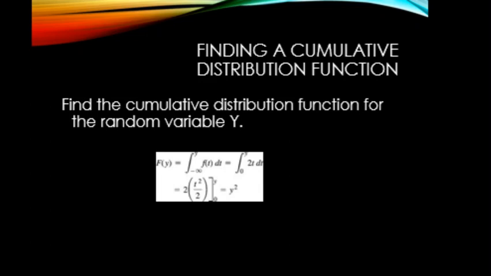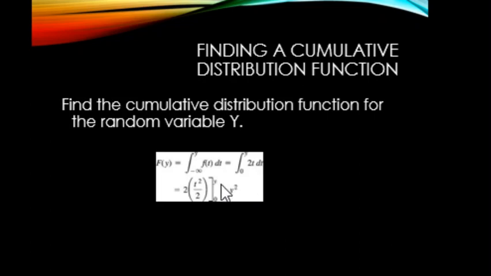Now for the same function, let's also define the cumulative distribution function. The cumulative distribution function is the integral from negative infinity to y of f of t dt. So we change it to 2t instead of 2y, and the limits will be 0 to y.